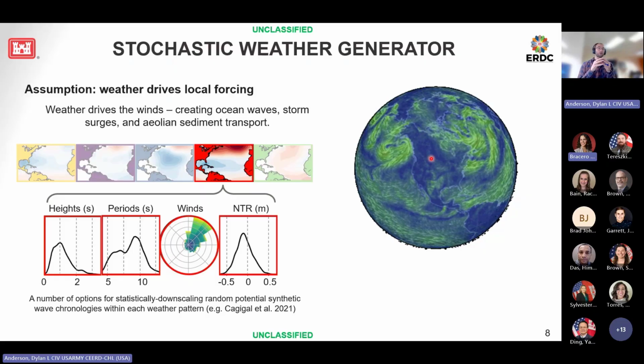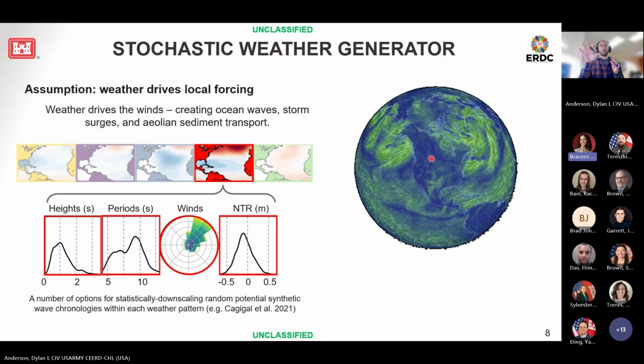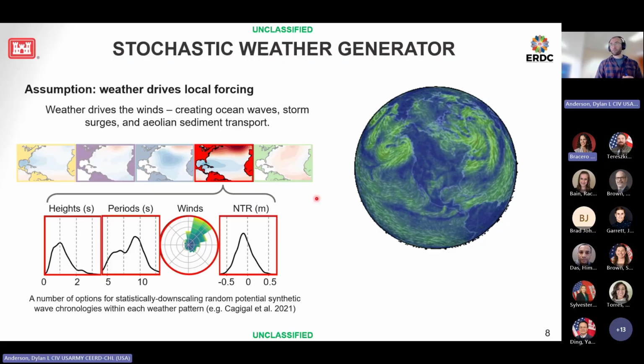But ultimately, we're going to try to take the historical weather that we've seen, break it all down, associate its distributions, and then figure out a way to simulate this portion before we then simulate the downscale parameters.